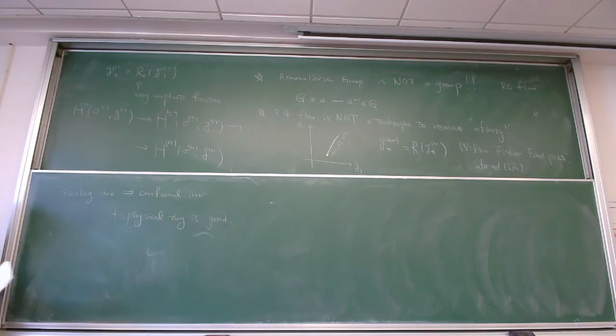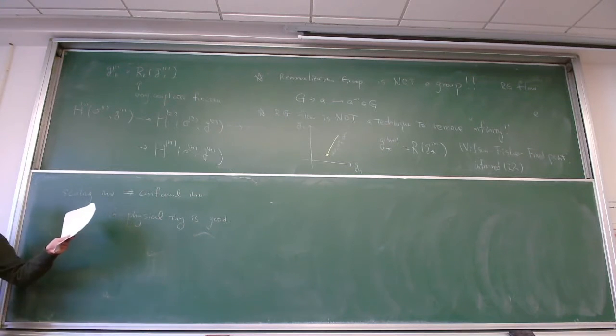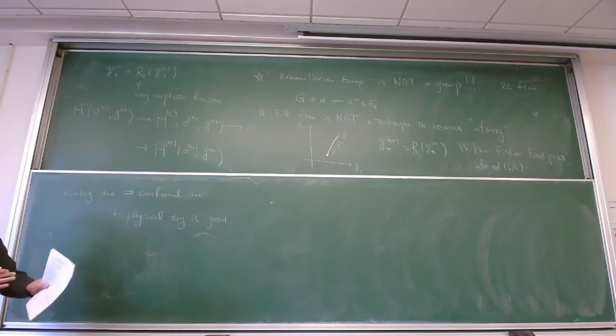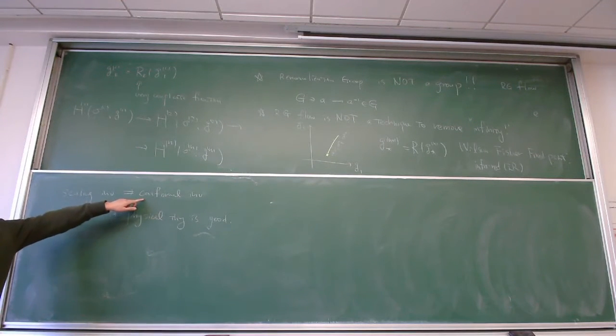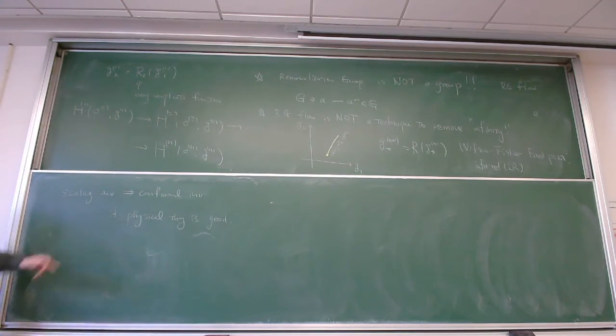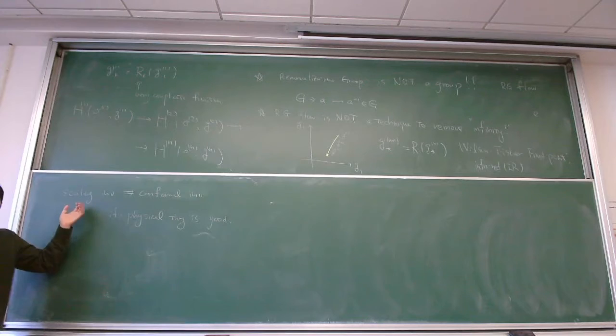Scaling transformation is a very small part of conformal invariance. Conformal invariance is much bigger, with infinitely many generators, as you know, in 2 dimensions. The scaling transformation is one of the conformal transformations that you already know. Somehow, in physics, if a theory is scaling invariant, it means it is conformal invariant.